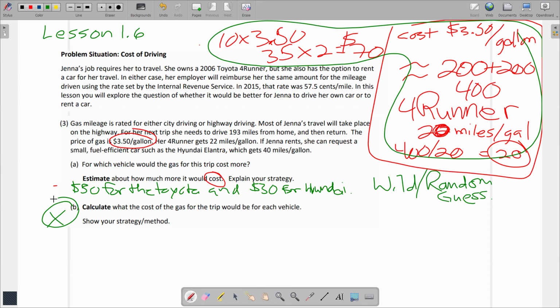All right, based on my guess, anyone want to make a guess on the Hyundai? I have a revised guess for the Toyota, 70 bucks for the trip. Guess on the Prius, not the Prius, the Elantra. Elantra should do better, right? How much better?